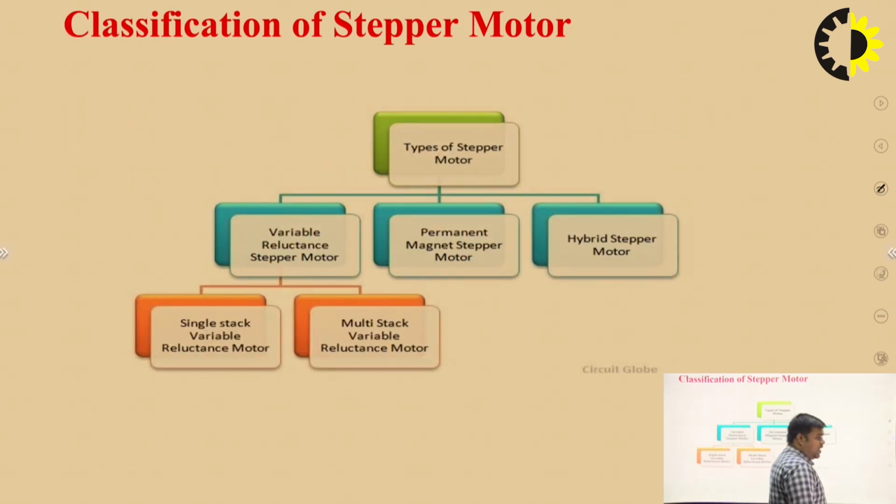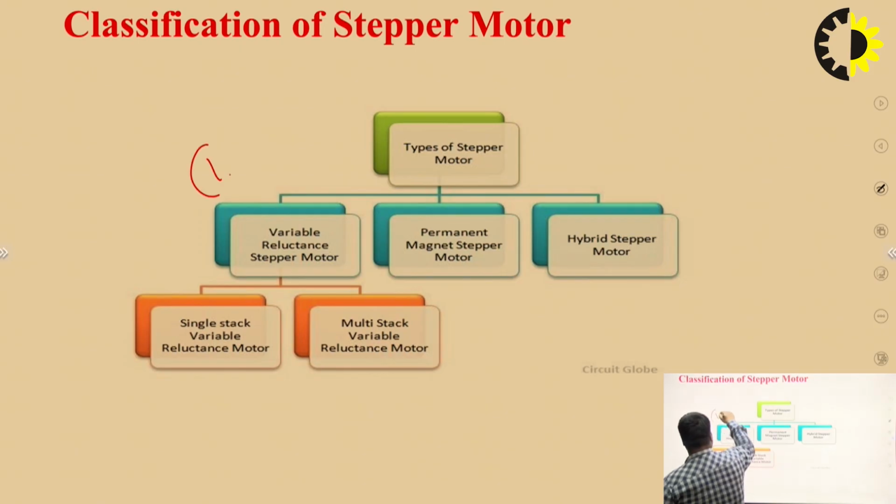Another point is the broad classification and the types of stepper motor. The first type is the variable reluctance type stepper motor.